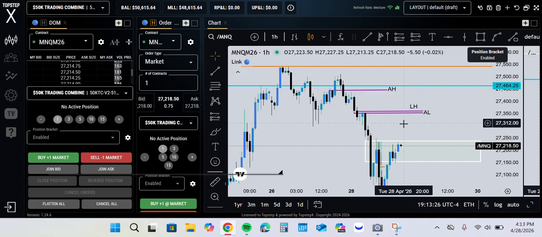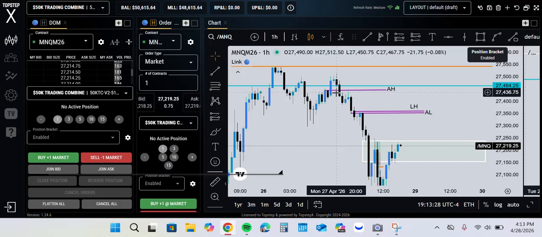Let's first consider what's going on. Asia high is marked out right here. Why? Asia actually opens at 4 p.m., which is 1600.